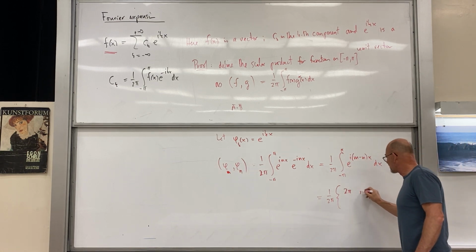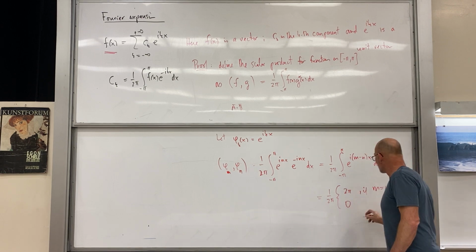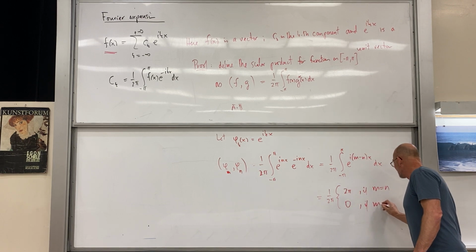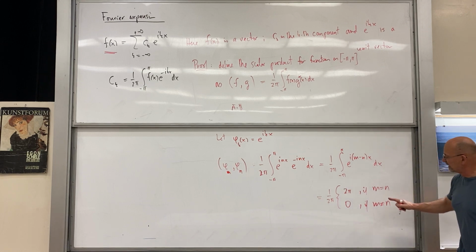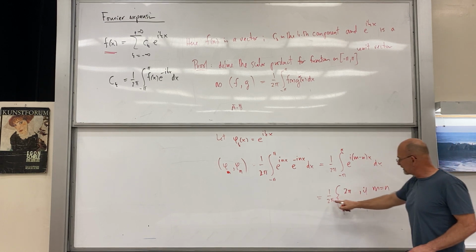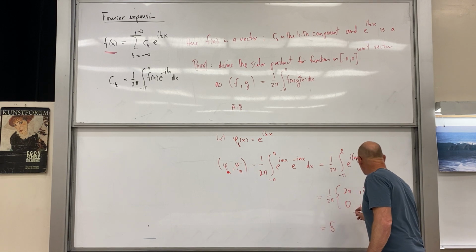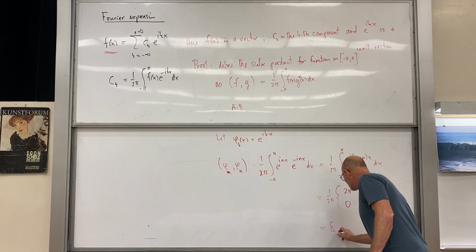So 2 pi if m equals n, and 0 if m is not equal to n, which we did in the past, and you should make sure you're clear on that. Easy to do. So the 2 pi cancels that one, so this is the Kronecker delta, delta mn.